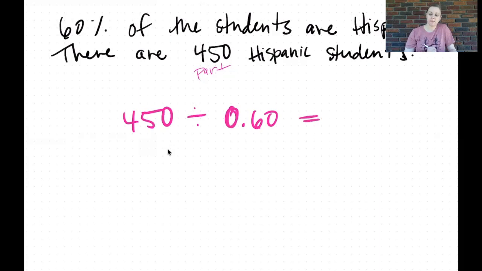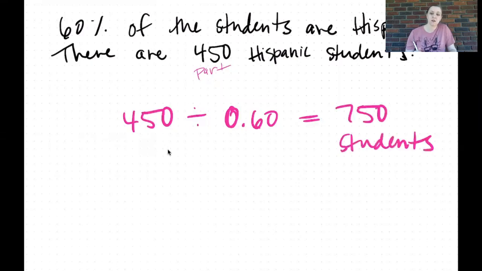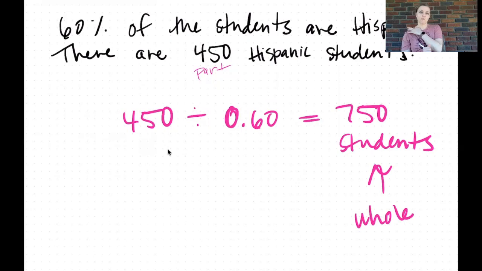When I go ahead and put that into my calculator, I get 450 divided by 0.60 is a total of 750 students, and this is my whole, right? I solved for the total this time. That's very important. Make sure you label your part and your whole. It's going to help you a whole lot when you are working with percents.